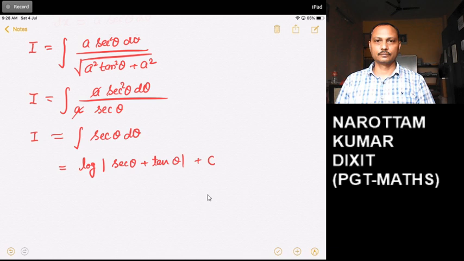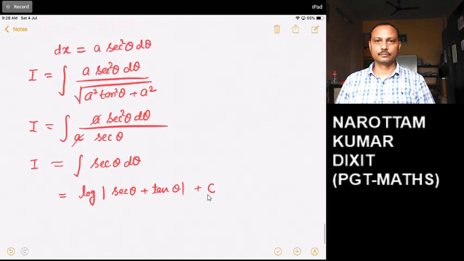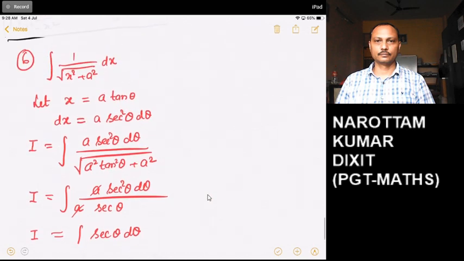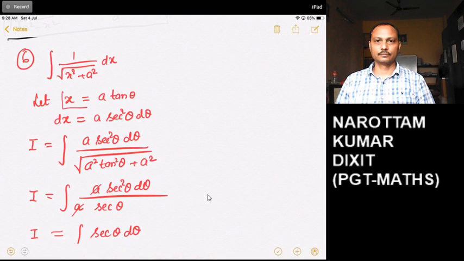Now we have to change these terms, sec theta and tan theta, in terms of x. For that, let us see what value we have substituted. From this we can get tan theta is equal to x upon a.